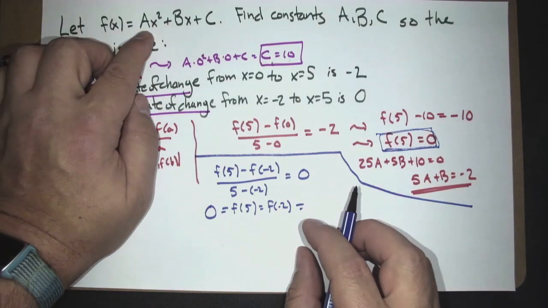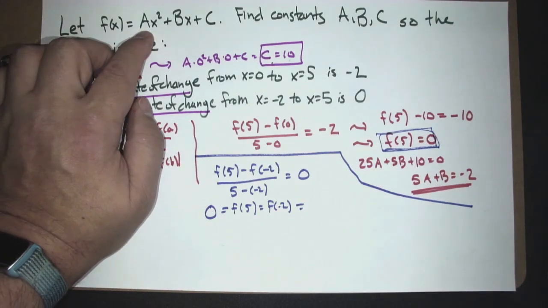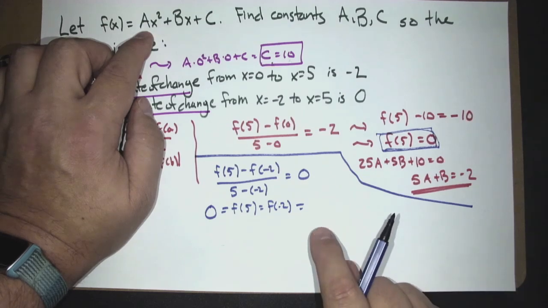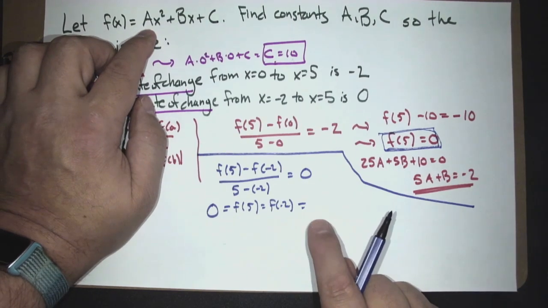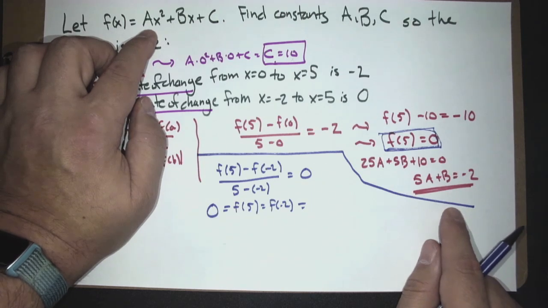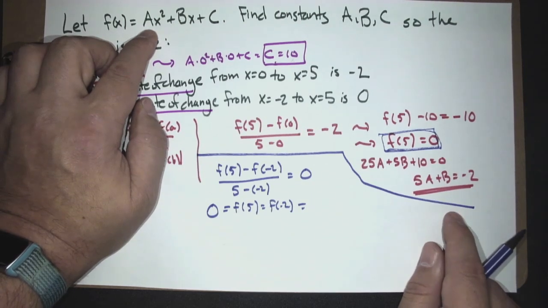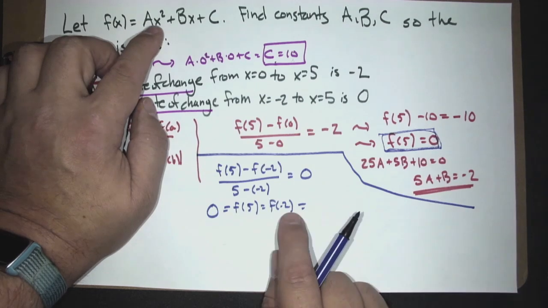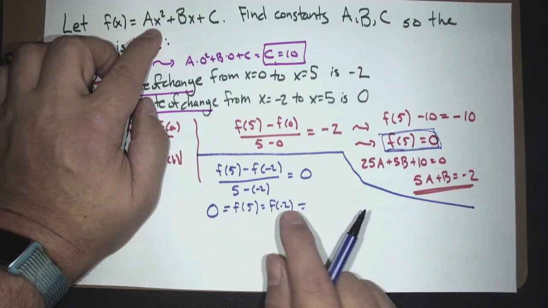Do we know another way to write f of minus 2? Well, plug it in. We could use 5a plus b squared times, that's a bold move. But let's just plug in negative 2 first and see. And then we try it the other way.